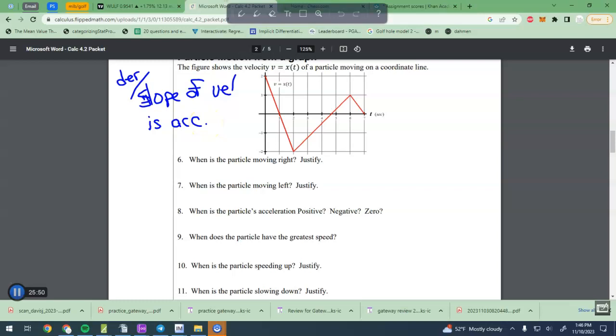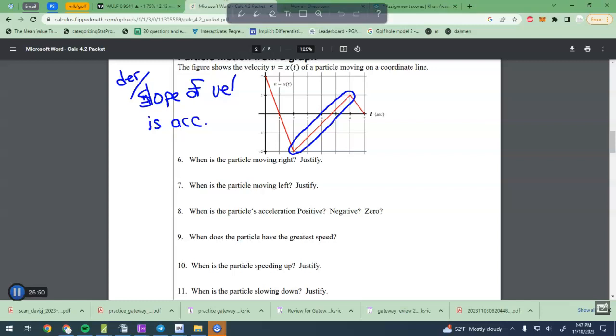So when is the particle's acceleration positive? It's this bit right here, because the slope of the velocity graph is positive. So this is like I'm accelerating in the positive direction. I was going backwards fast, but then I got pulled toward the forward direction until I turned around.